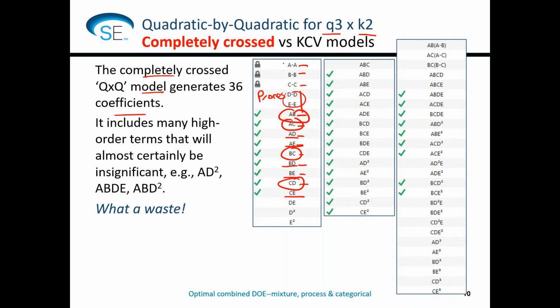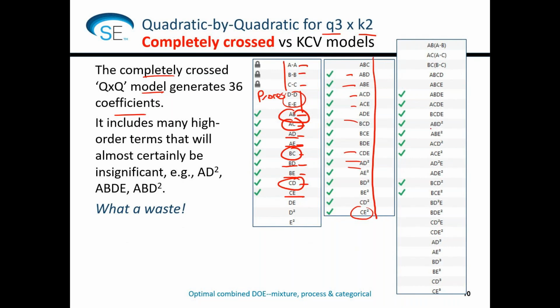They've been crossed with the three mixture components, and they're showing up down here where these green check marks are. But then we get into higher order terms, and it keeps building up more and more, all the way up to, let's see, we've got a whole series of third order terms here that are building up on this little screenshot here.